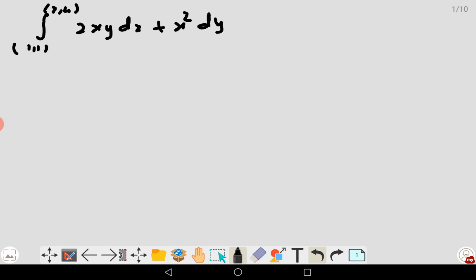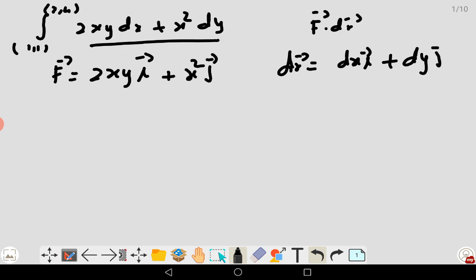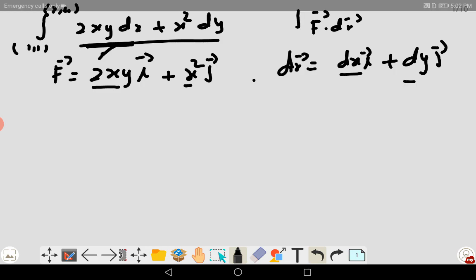You should remember this is nothing but F dot dr. For example, if F vector is 2xy i plus x squared j and dr vector is dx i plus dy j, the dot product F dot dr is 2xy times dx for the first term, plus x squared times dy for the second term. So the given integral is over C of F dot dr. That's what we are finding.